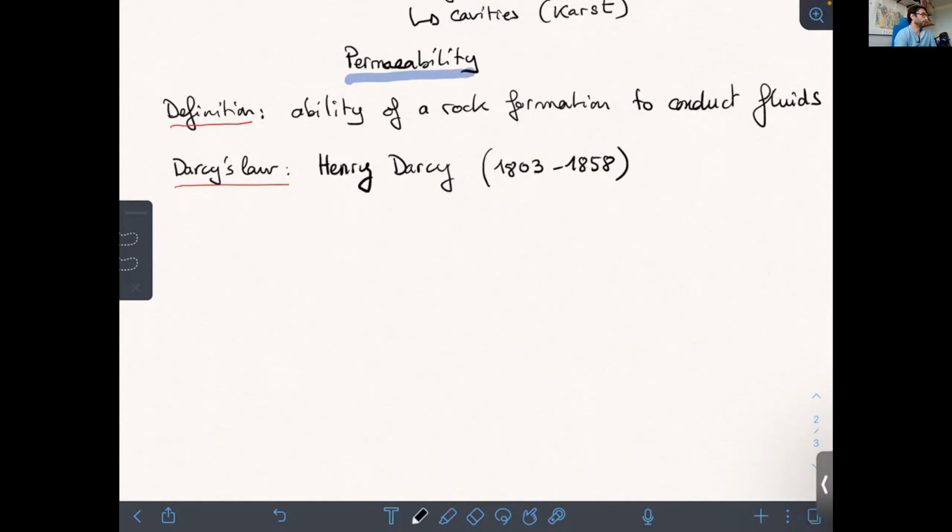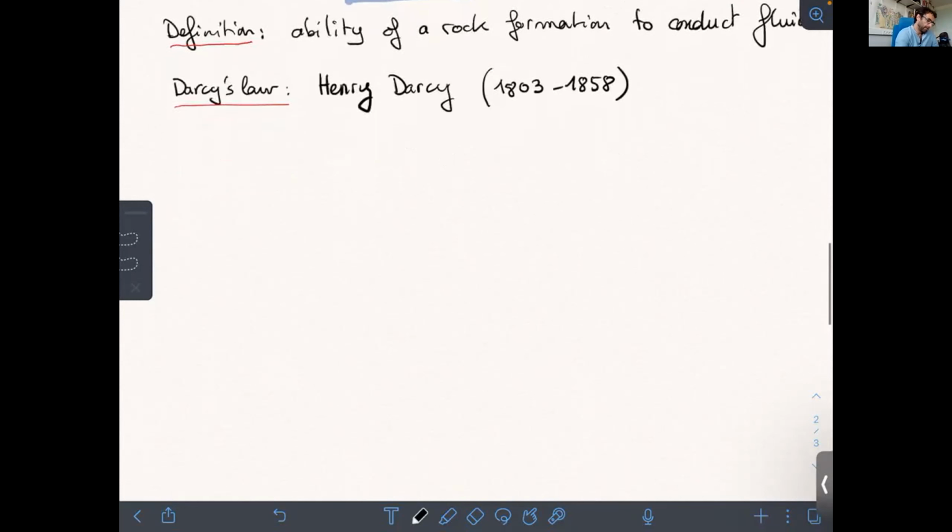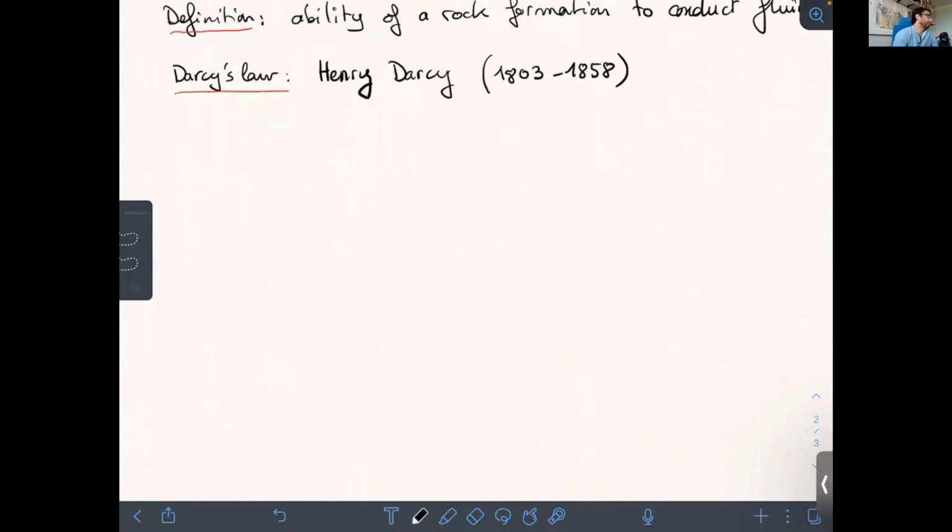So he wanted to know how much pressure he needed to put on the water for it to flow efficiently. And so he established that famous law of Darcy. So that law is based on this. He did an experiment.